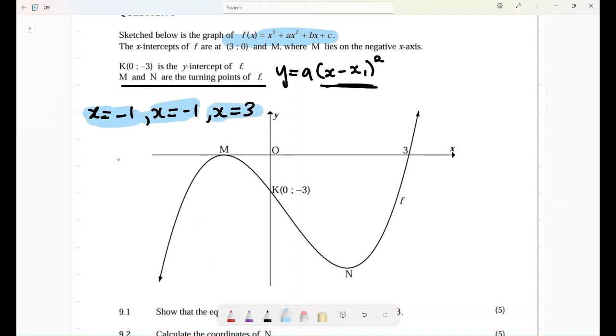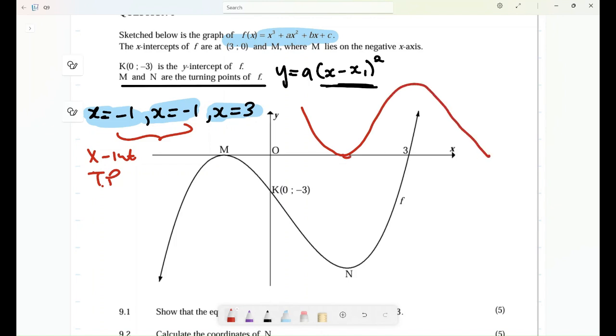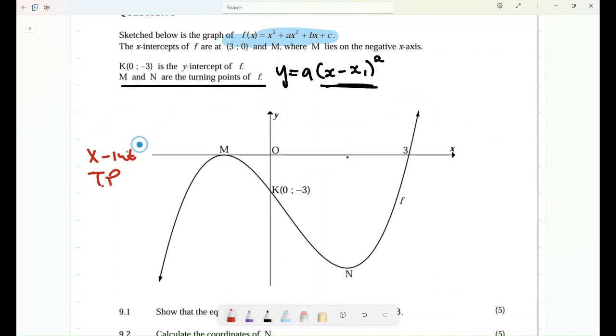The one that is repeating itself tells you that one of these coordinates will act as an x-intercept as well as a turning point. So it means the graph will touch maybe like this, maybe like this here. It acts as a turning point as well as an x-intercept, or this particular shape that you have here. Okay? So that's what I wanted to clarify.